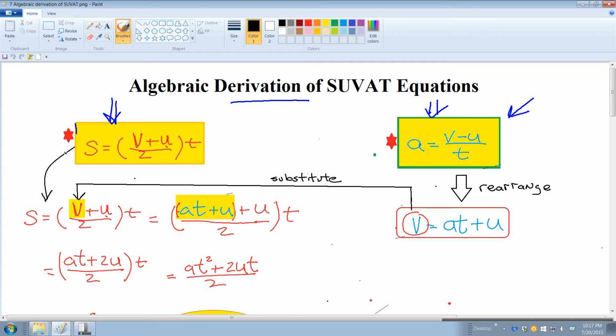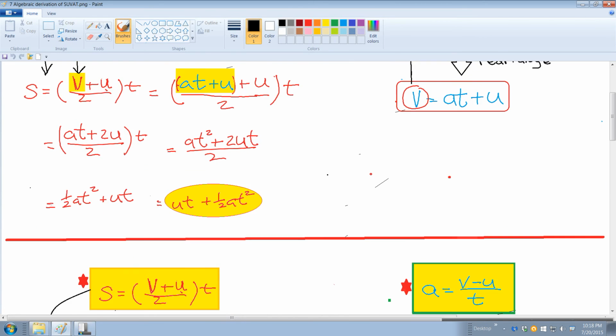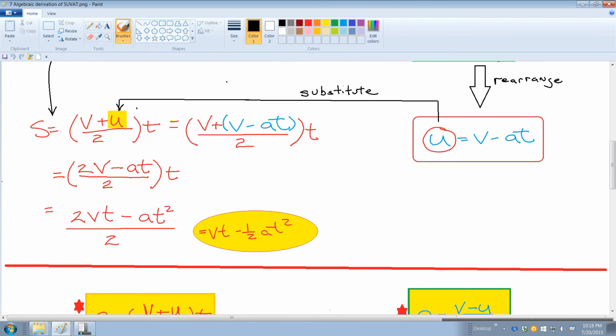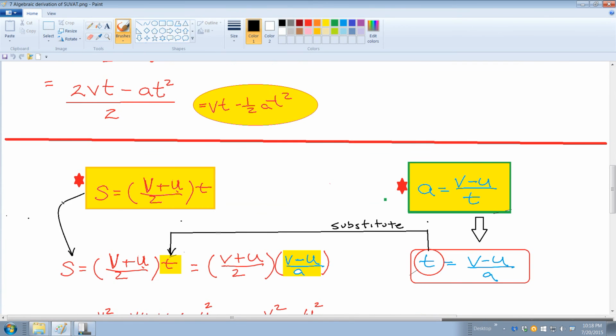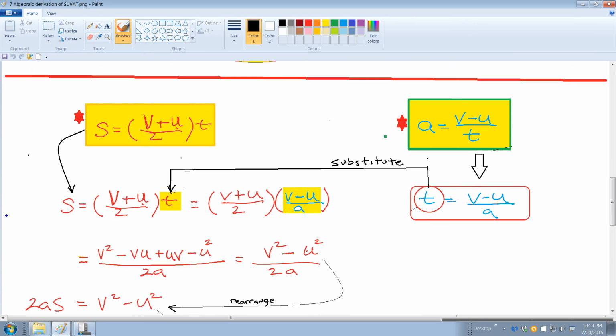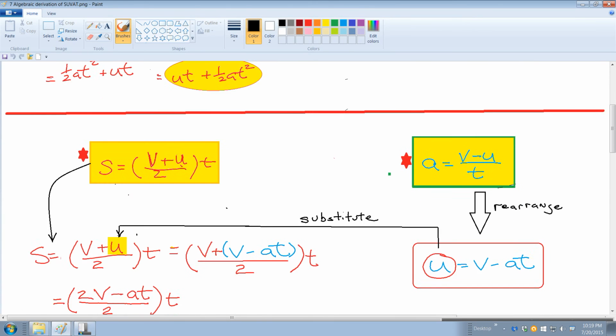We're going to take this equation here, s equals v plus u over 2 times t, and we're going to substitute for v one time. We're going to substitute for u in the next situation, and then we're going to substitute in the same equation for t. So where do we get the substitution for those u, v, and t? We're going to get it from the acceleration equation up here.